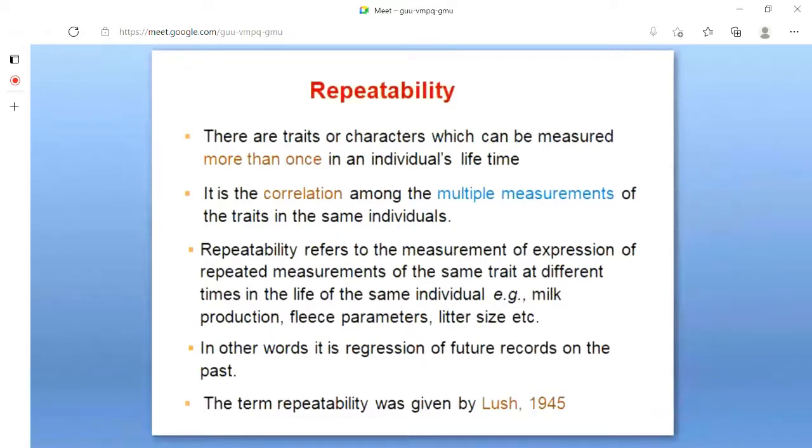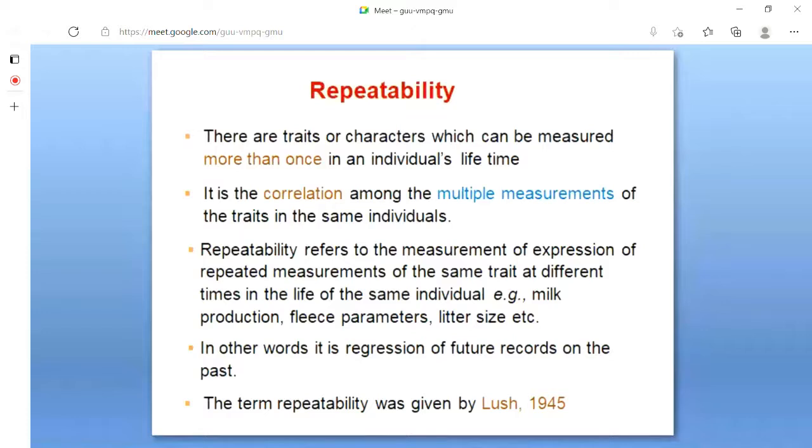I told you there are traits or characters which can be measured more than once in the individual's lifetime, like farrowing and milk production. And this repeatability is the correlation among the multiple measurements of the trait in the same individual.